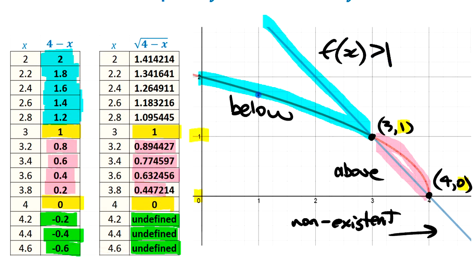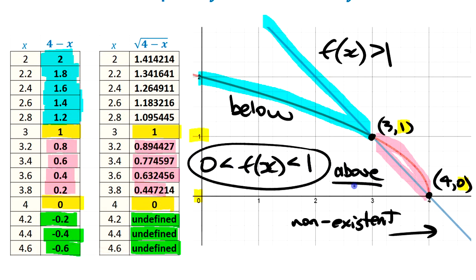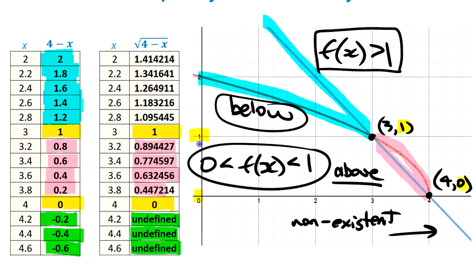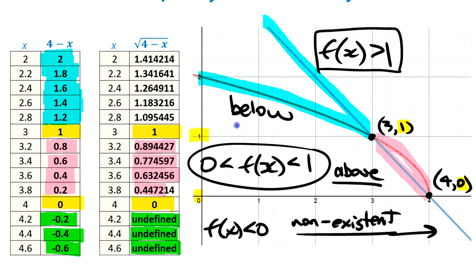It ends up being below. When the original function is between 1 and 0, then that square root graph ends up being above. When it's greater than 1, it ends up being below here. And then when f of x is less than 0, then that graph is non-existent there.